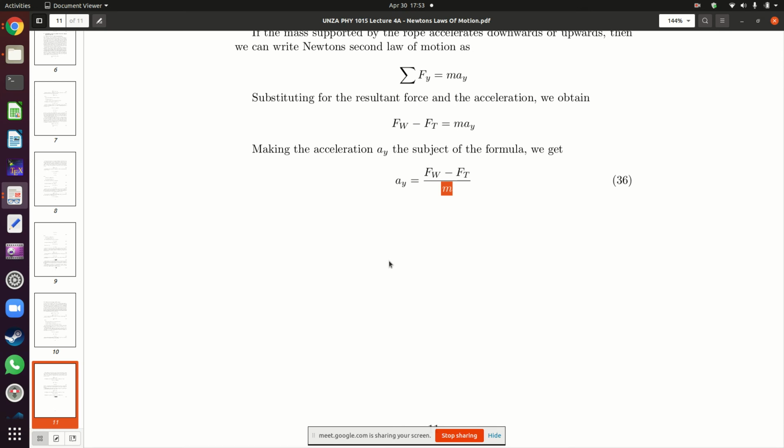With this acceleration, you can predict the velocity of this elevator, or whatever thing is falling, after a certain amount of time, and also the distance it has covered. Are we clear?